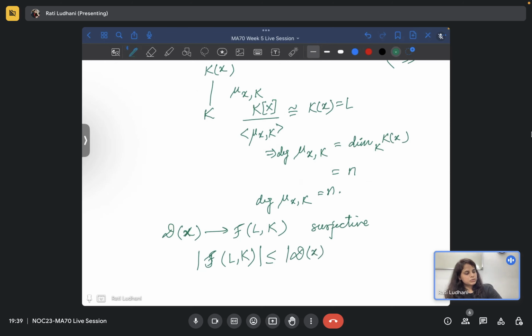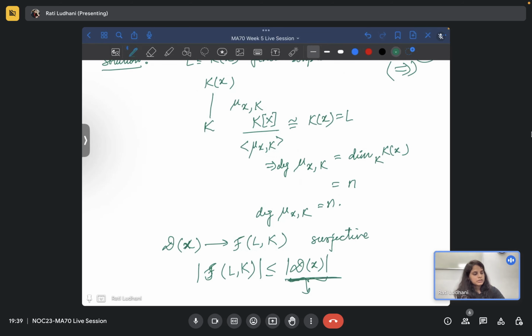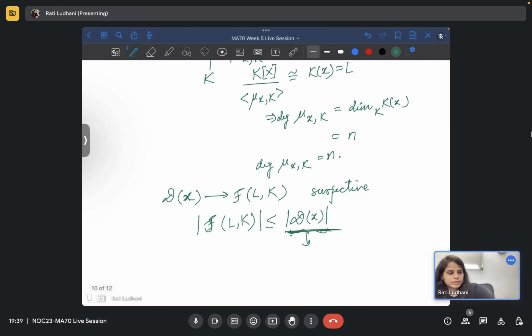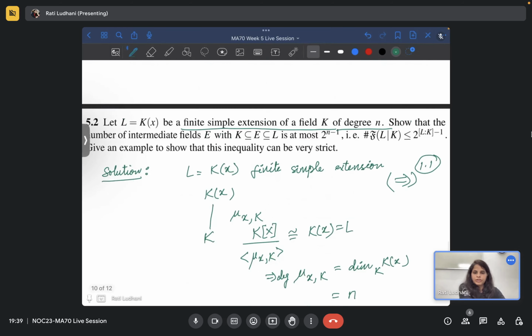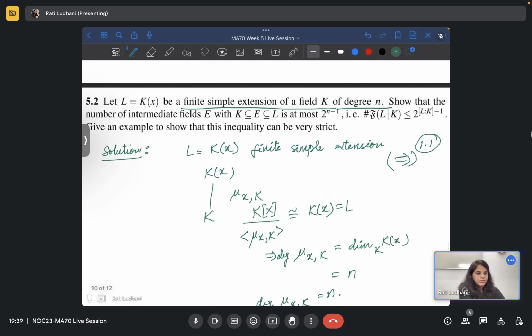So if we are able to talk about the cardinality of this set, then we are done, right? Because this is bounded by the cardinality of D_x. So let's see how many it can be. We know that this is finite, and if you know that this is finite, then we are done with the first part. But let's calculate this cardinality also, because this will answer 5.2 also. So is that okay?